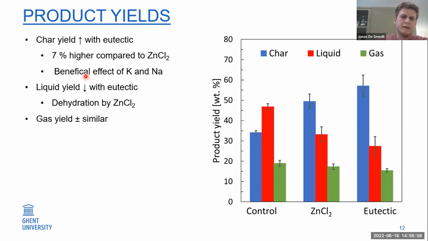So the potassium and the sodium actually have a beneficial effect on the char production, on the yield at least. And again, the inverse effect: the liquid yield drops with the eutectic, attributed to the dehydration aspect of our zinc chloride. And the gas yields stayed pretty much the same.